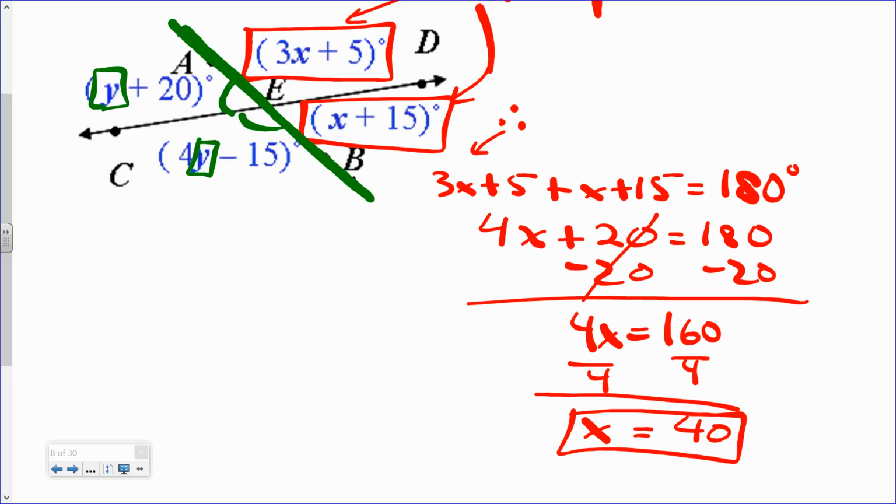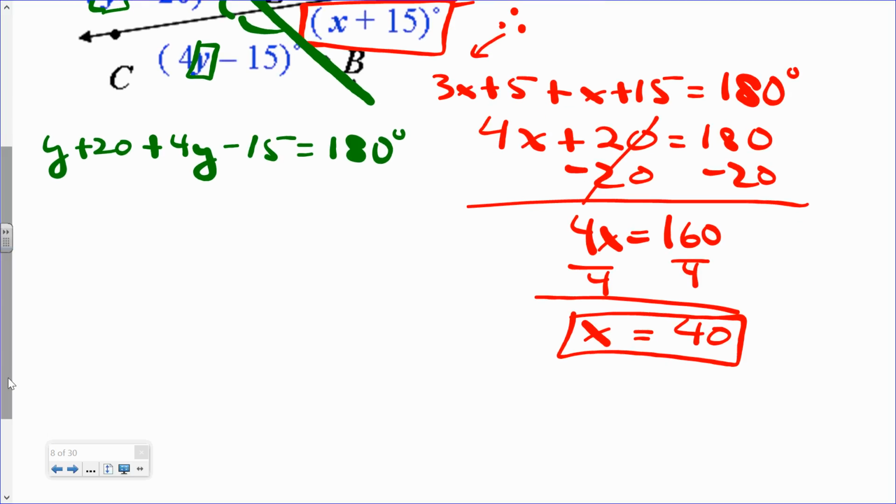They're also supplementary. Same thing. So give me the equation, Gomez. Nice. Awesome. You guys with me?